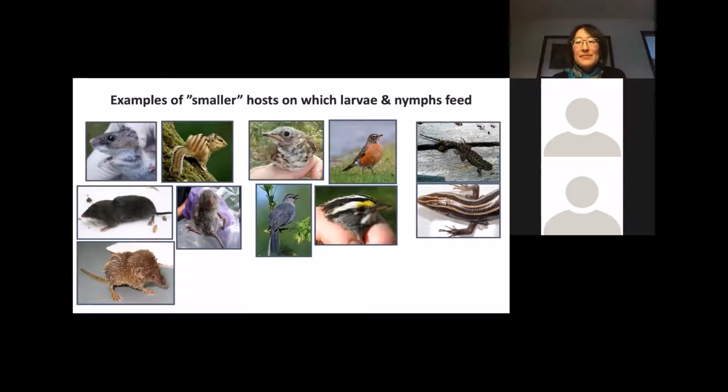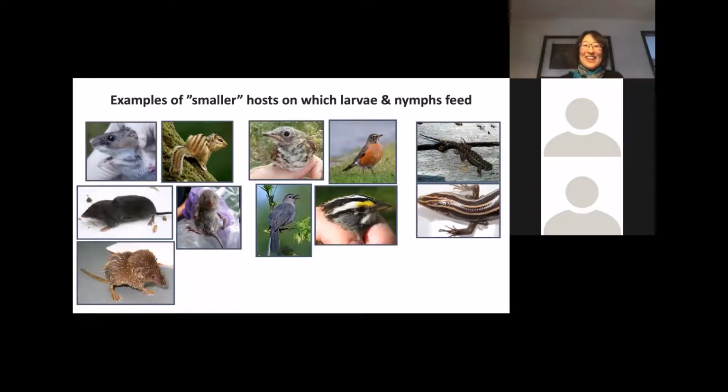What's interesting is that if you put an infected nymph on a skink or a fence lizard, after it feeds to repletion, when you take it off, it's uninfected. So does that answer your question or comment enough? Oh yeah, that's great. Thank you.